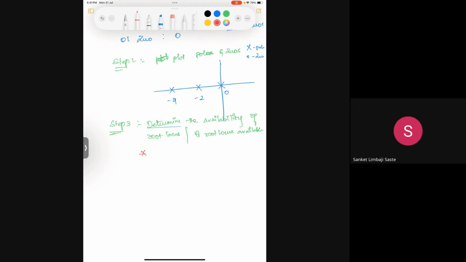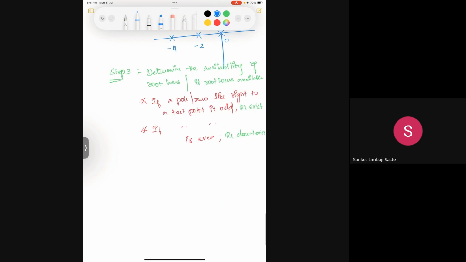What rule is that? If the number of poles and zeros lying to the right of a test point is odd, then root locus exists. If it is even, then root locus doesn't exist. This is the rule for step 3.